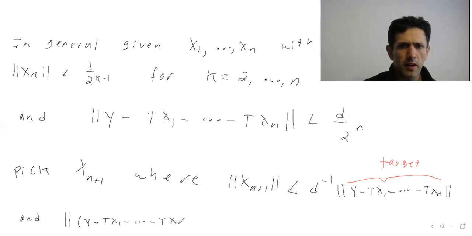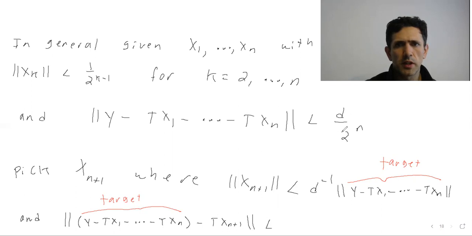So it's really not that hard of a proof. It's more clever, I think, than complicated. Just so we're all on the same page here, I want my tolerance to just match the induction. So I want it to be d over 2 to the n plus 1.